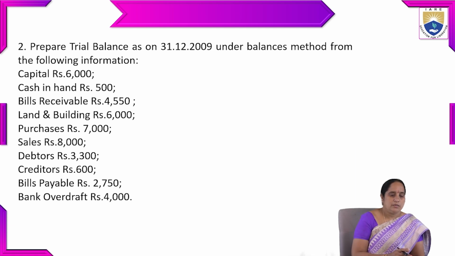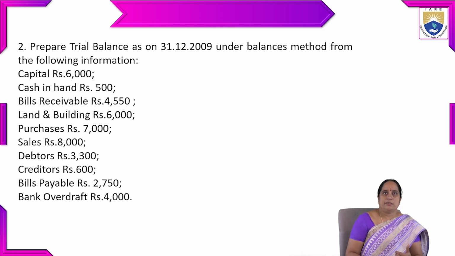So these accounts are given, the items that are included in the preparation of trial balance. Capital 6,000, cash in hand 500, bills receivables 4,550, land and building 6,000, purchases 7,000, sales 8,000, debtors 3,300, creditors 600, bills payable 2,750, bank overdraft 4,000.